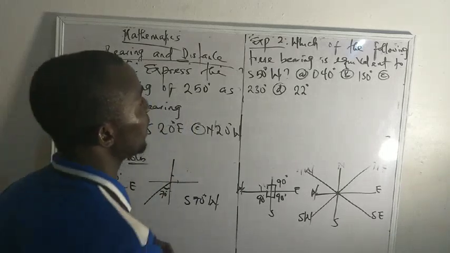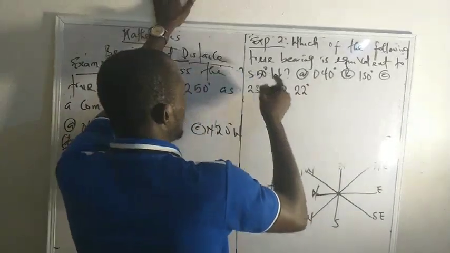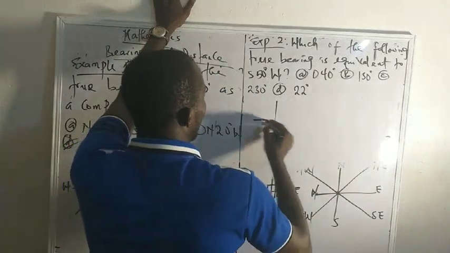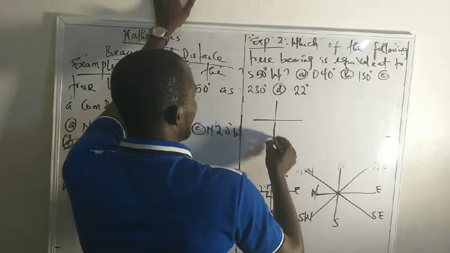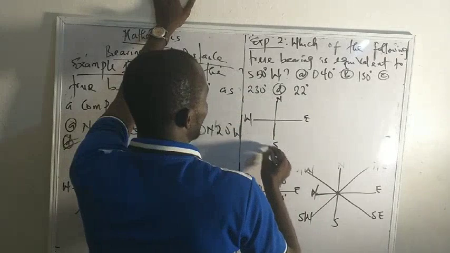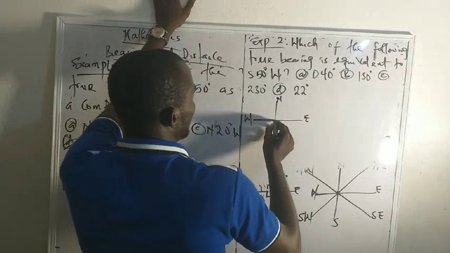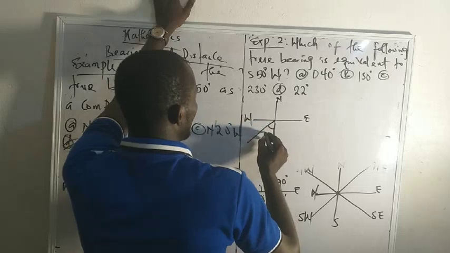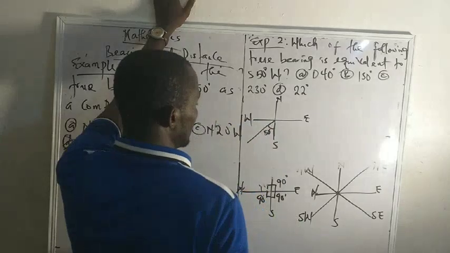So here, first of all, let's draw our north, east, west, south. Southwest means the angle was somewhere here, and then here was 50 degree, isn't it?